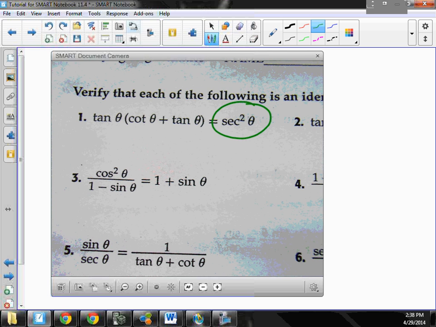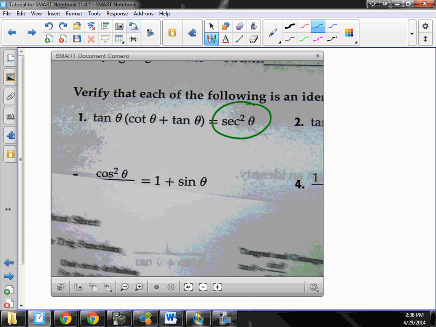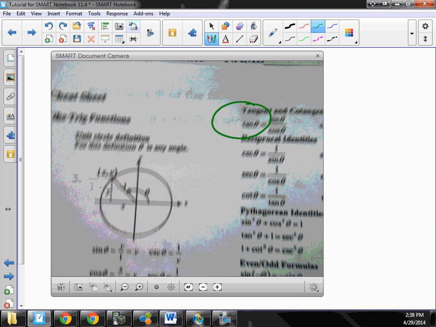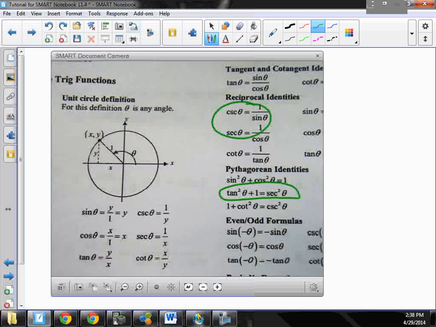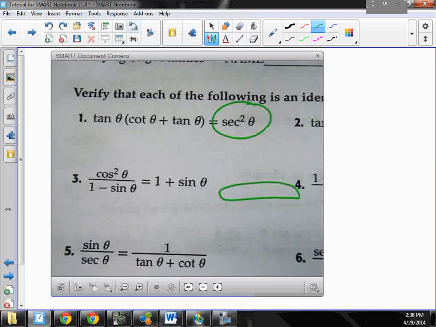Do you have anything that equals the secant squared of theta? So I've lost my reference sheet. Oh, there it is. So if we look at the Pythagorean identities, right here is the secant squared of theta. So if I can make the left side of this look like tangent squared plus 1, then I'm done.